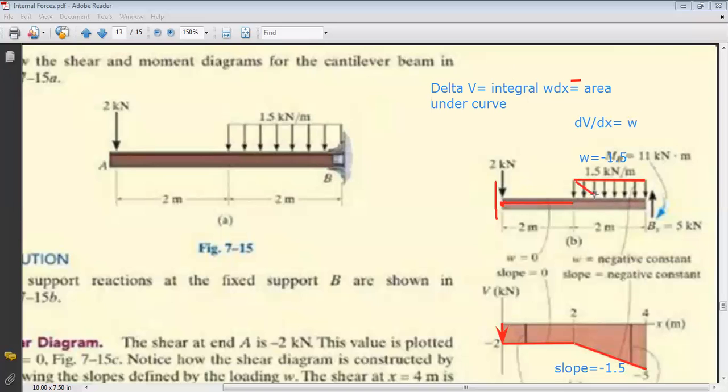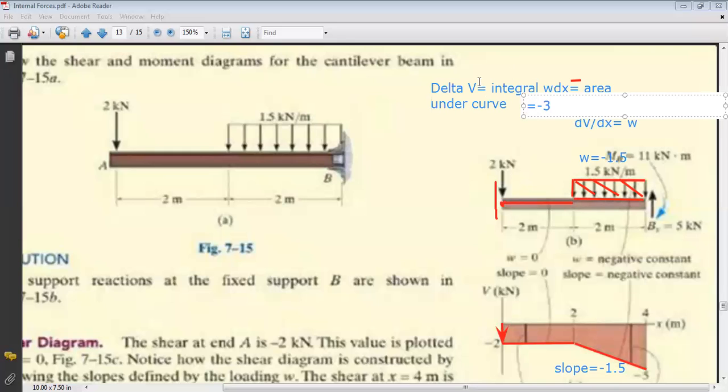The area under the distributed load is this distance, which is 2 times 1.5. So I can say that delta V is equal to minus 3.